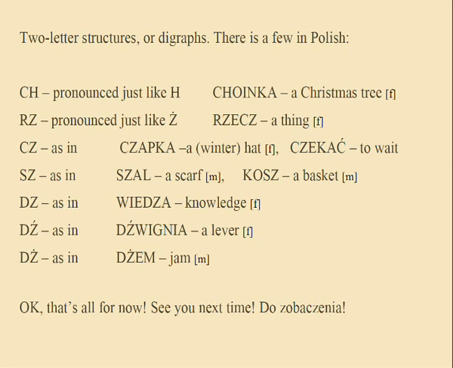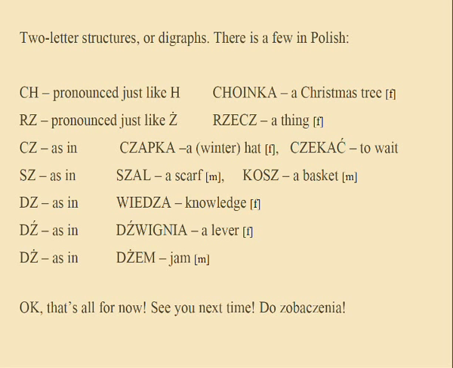Polish language contains many two-letter structures, and these can also be clumped together into a bigger bunch of just consonants, like the word chrząszcz above. Here is the list of these digraphs with pronunciation. CH is pronounced exactly like the letter H. There is a historical reason why some words are spelled with just H and others spelled with CH.